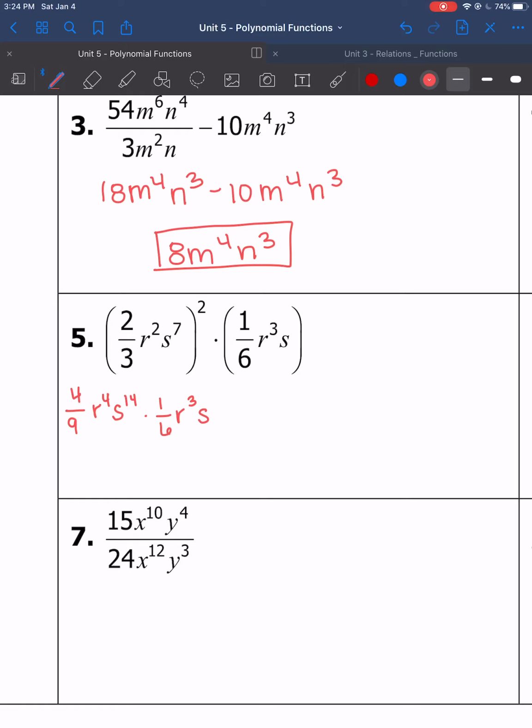So 4/9 times 1/6 gives me 2/27. And then I have 4 r's and 3 r's, so that gives me 7 r's. And I have 14 s's and 1 s, because there's an invisible little one there. So it gives me 15 s's. So that is my solution.